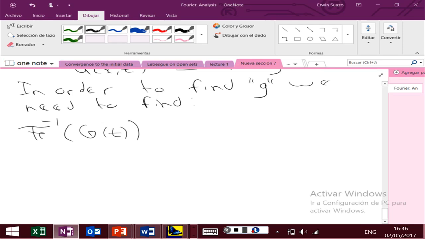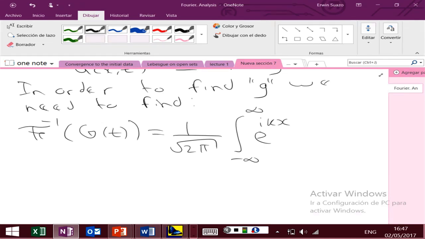The Fourier transform inverse of G of t is 1 over square root of 2 pi, integral from minus infinity to infinity, and the difference here is that instead of e to the minus i kx, you have e to the positive i kx, because it's the inverse Fourier transform of G of t.